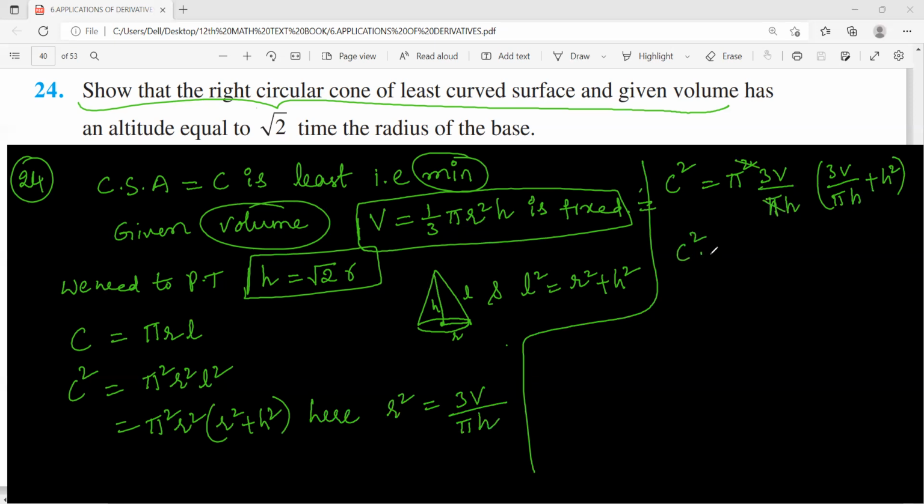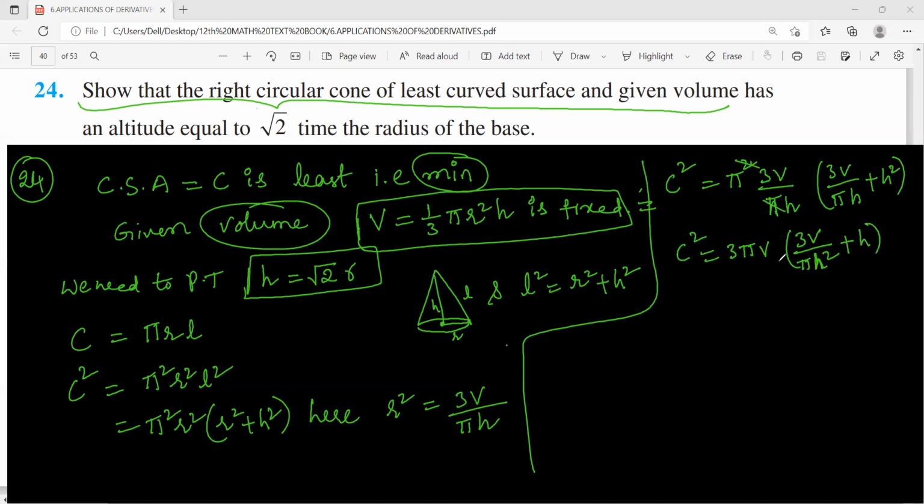So C square equals 3 pi V, taking only h inside, not V. Then 3V by pi h square plus h.